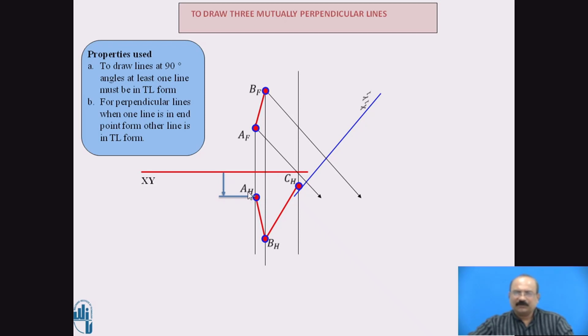Measure the position of AH from the XY line, then bring that compass back and change the position to the new x1 y1 line. In the new x1 y1 line, AF cuts at this particular point. Locate that point, keep the compass there, and cut this AF projector with the dimension you have taken. Wherever that projector cuts, that is the point A1.